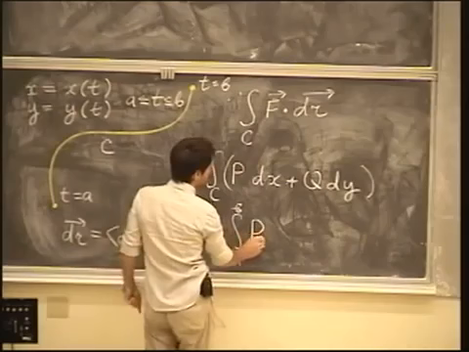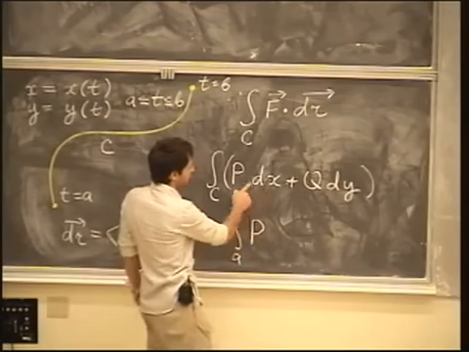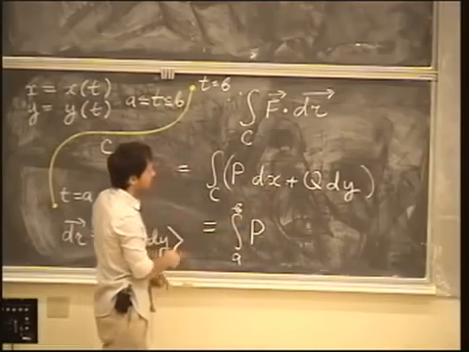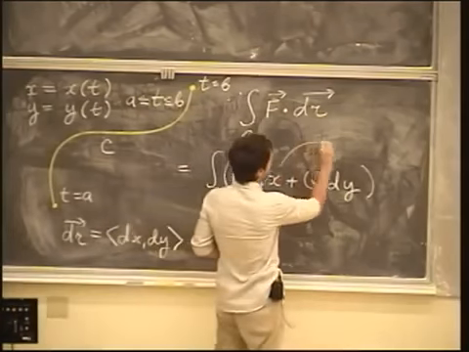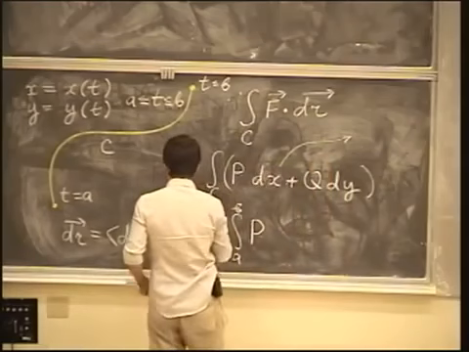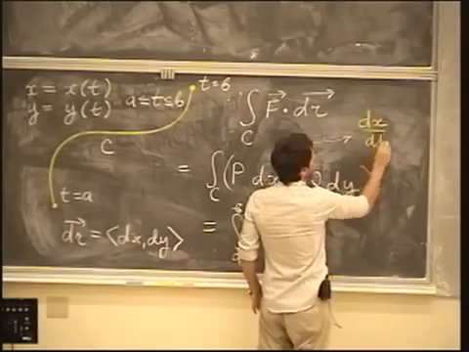But as always, there's sort of a price to pay, and the price to pay is that we have to replace dx by dt, but we can't just replace dx by dt. We write it as dx/dt times dt.